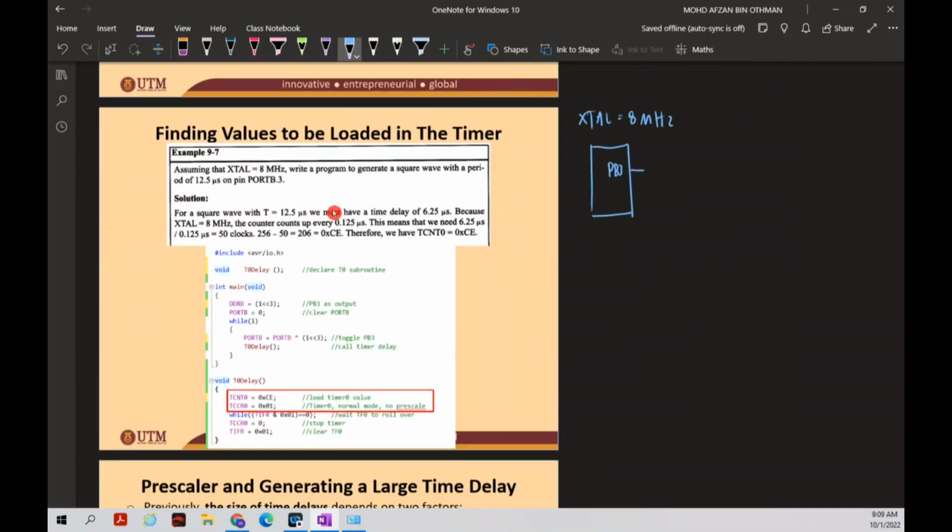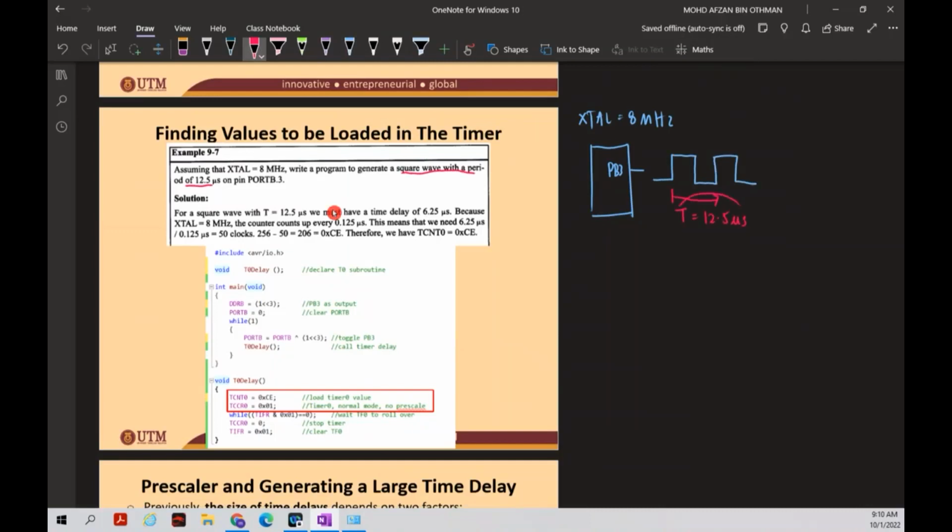This PB3 is used to generate a square wave, and the question tells us that the square wave period is 12.5 microseconds. So you know that T is equal to 12.5 microseconds.